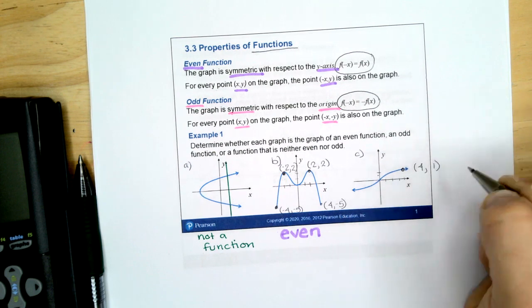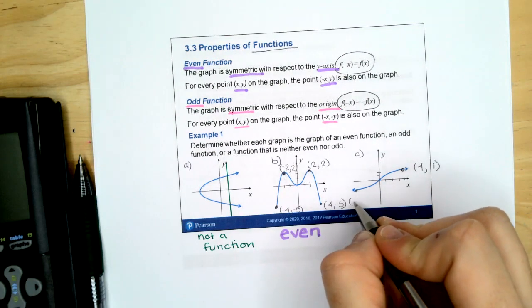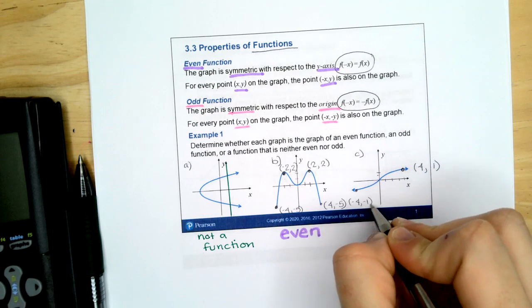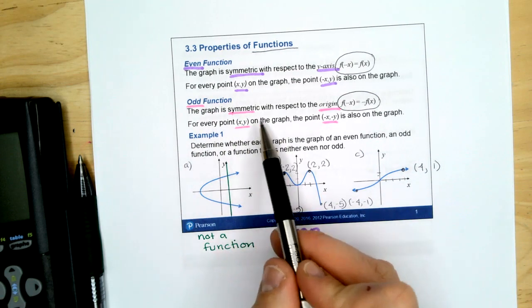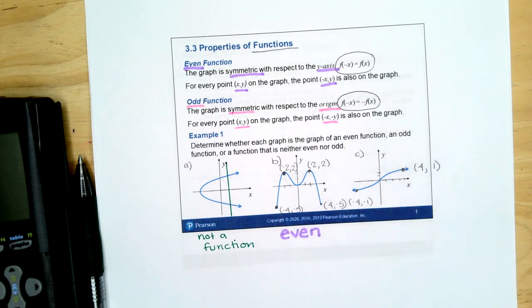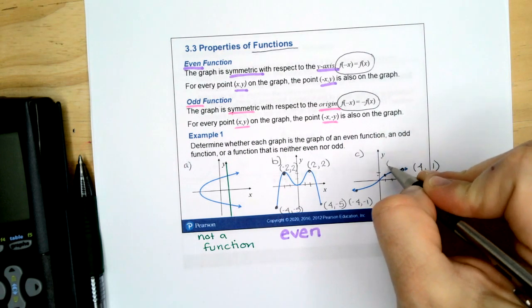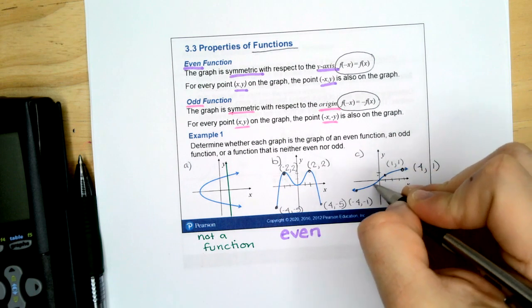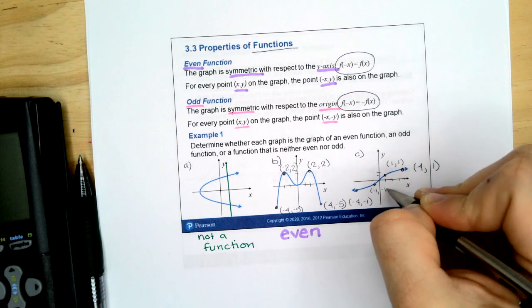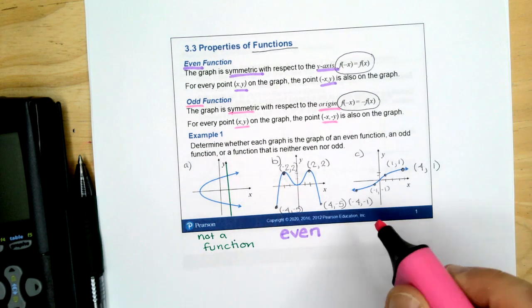So this is the point 4, 1. If this is the point -4, -1, then that means for every point x, y, the point -x, -y is also on the graph. This is the point 1, 1. So over here would be the point -1, -1. So that looks to be an odd function.